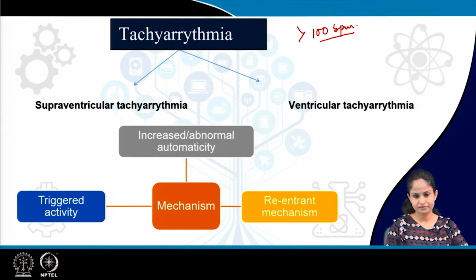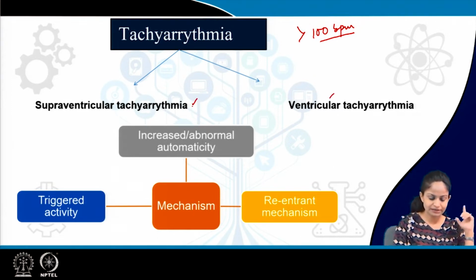There are various types of tachyarrhythmia based on the rates and on the anatomical location from where the arrhythmia is occurring. Generally we divide it into two broad classifications: the first is supraventricular tachyarrhythmia and the second is ventricular tachyarrhythmia.